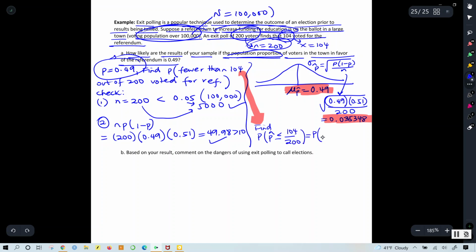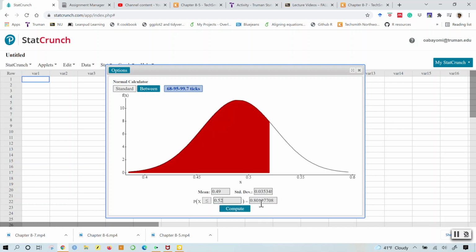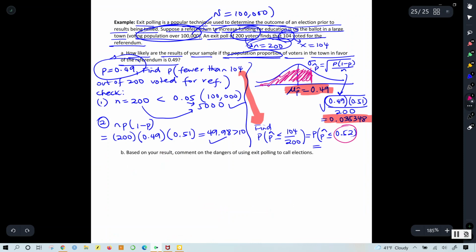So p-hat is less than or equal to 0.52, which will be somewhere here, and we're interested in the area below 0.52. So let's go to StatCrunch, less than or equal to 0.52, and compute. We have 0.801977. So we have 0.802.